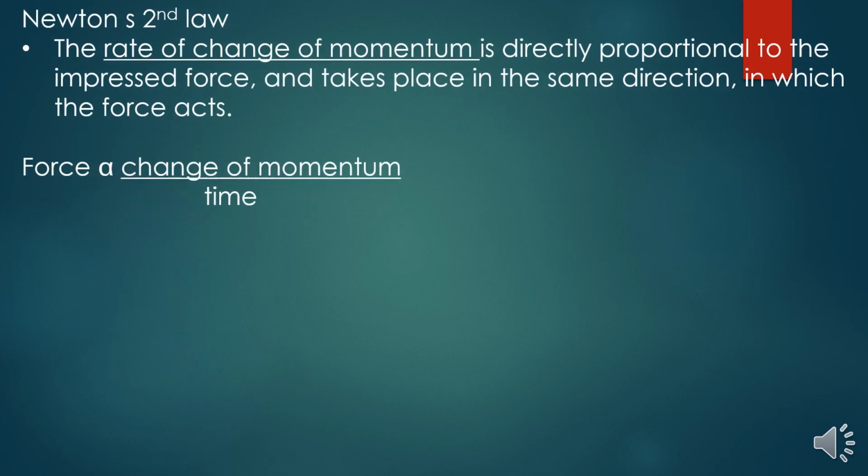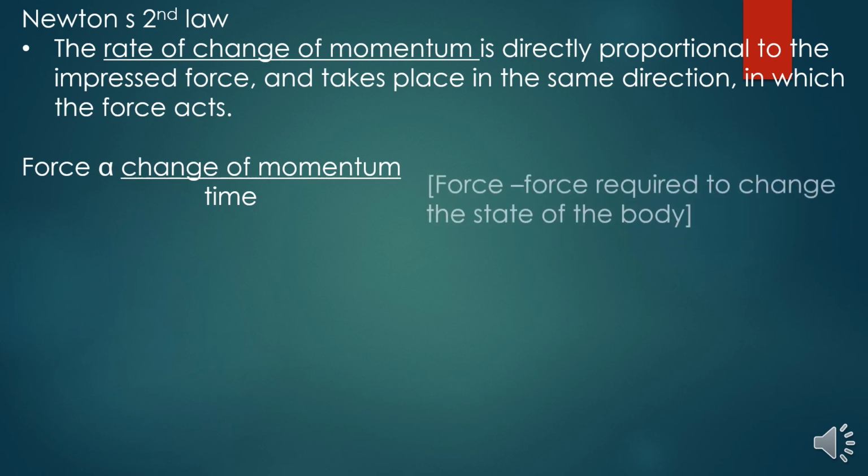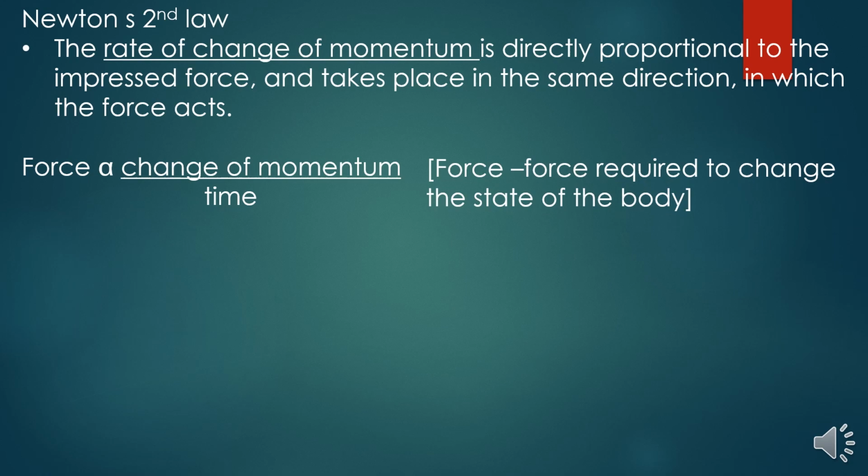Force is proportional to change of momentum divided by time. When we say the rate of change of momentum, that means the change of momentum per unit time. So according to Newton's second law, force is equal to the rate of change of momentum. This force is the force required to change the state of the body.